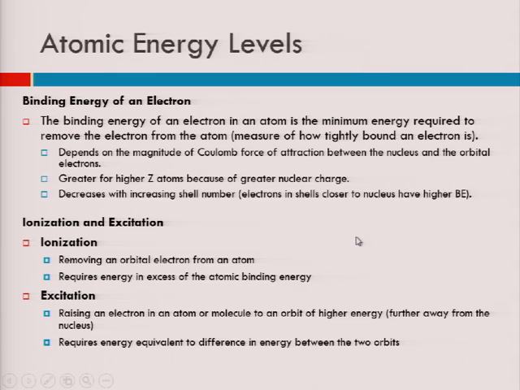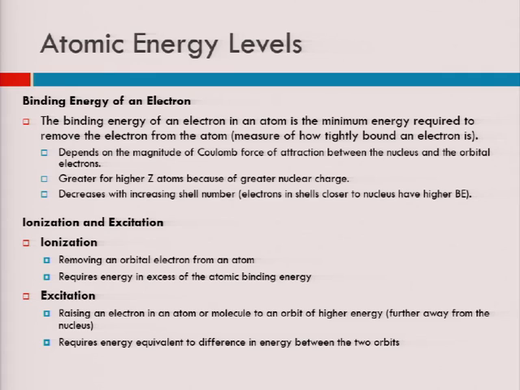Let's see, other things I want to mention. So we just talked about binding energy of nucleons, now binding energy for electrons. The binding energy of an electron in an atom is the minimum energy required to remove the electron from the atom, or it's a measure of how tightly that electron is bound to it. And this is going to depend on the magnitude of the Coulomb force between the nucleons and the orbital electrons. So the binding energy for an electron is much higher for large atoms, right?